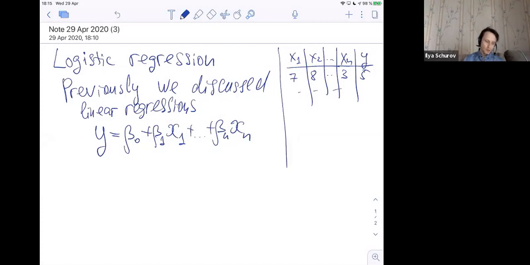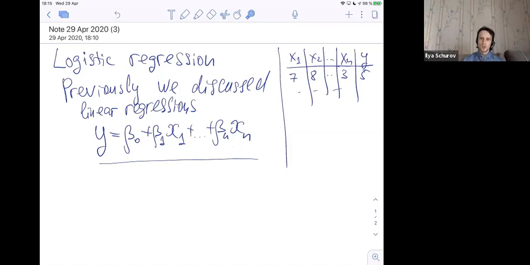But this framework works if everything is numeric. If this variable is numeric and these variables are numeric. On the previous lecture, we discussed how to include some categorical variables, independent categorical variables, into our model.